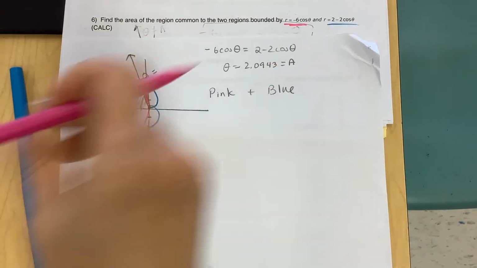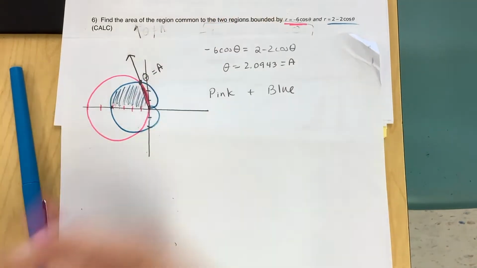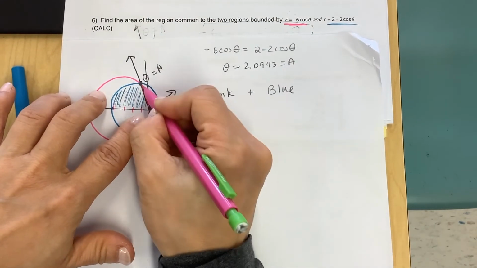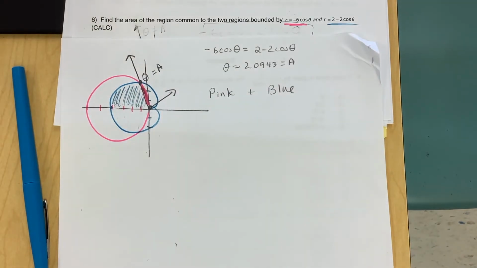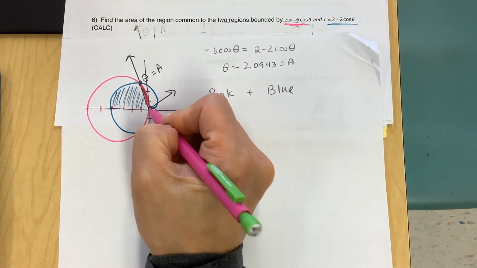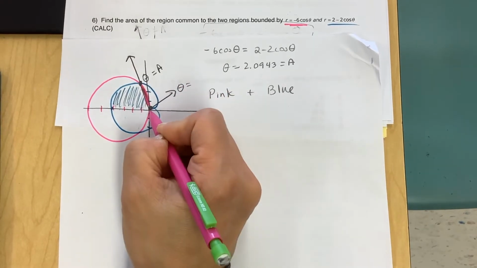So we figured out this angle that we called A. Notice we also need this angle right here. That pink region is only bounded by the circle, the pink graph. So it's very important that you only look at that pink graph now. And the only thing you can tell by looking at this graph is that r equals 0. There is no way to tell what that theta is.